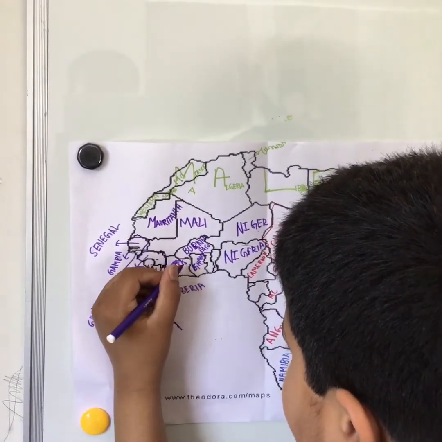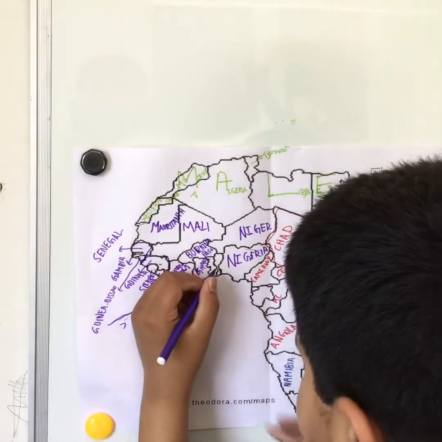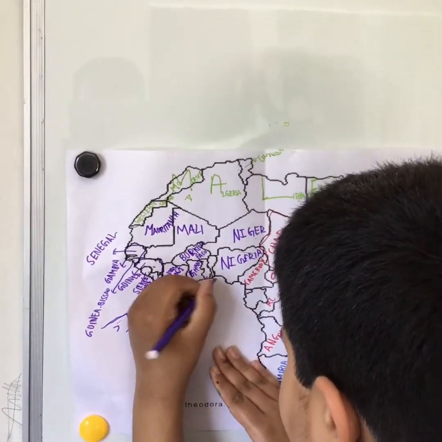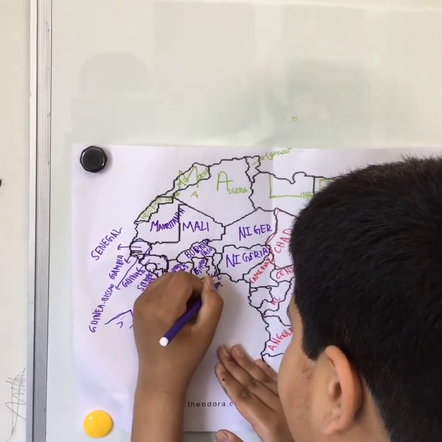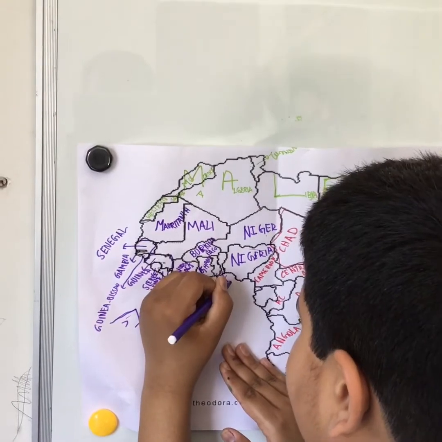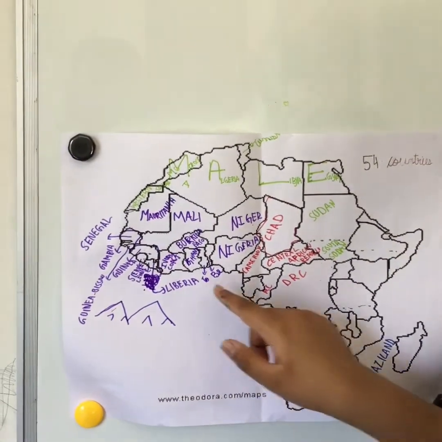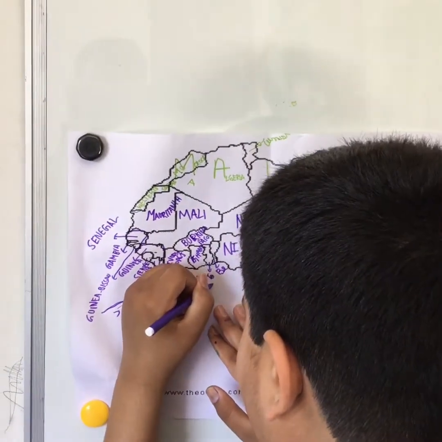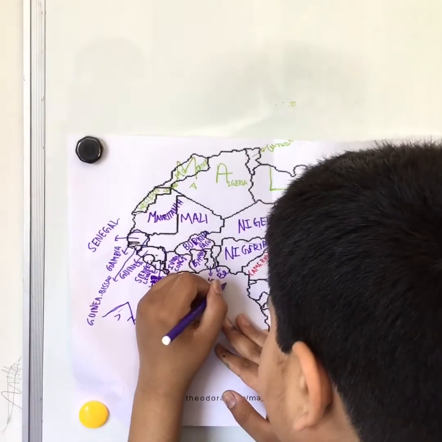It is also known as Côte d'Ivoire. Then these two countries are very interesting, and they are two and big, so we can learn it as "two begin". Two is Togo, and big is Benin.